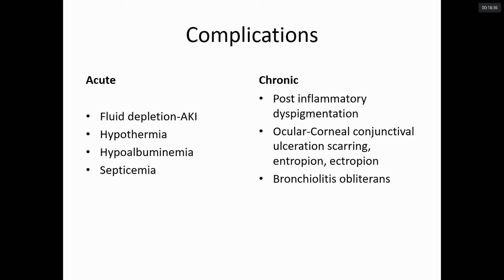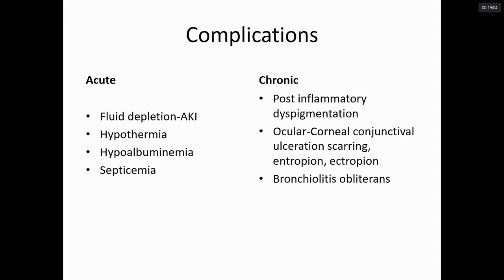Now the complications. As we have seen, there can be wide areas of denuded skin. There can be fluid depletion, which can lead to acute kidney injury. There can be hypothermia, because one of the most important functions of the skin is maintenance of temperature. Due to loss of protein, there can be hypoalbuminemia also, and if there is secondary infection over the denuded skin, there can be septicemia also.